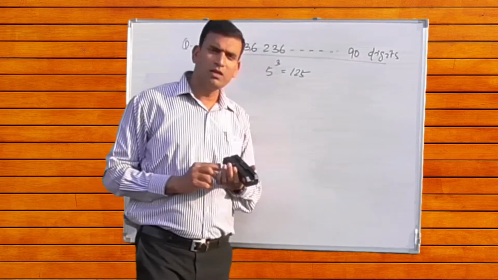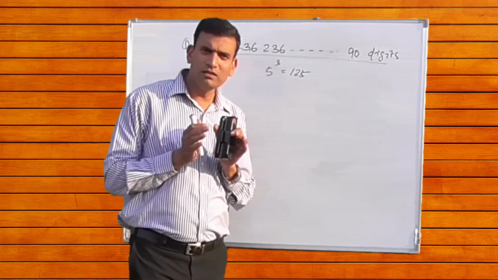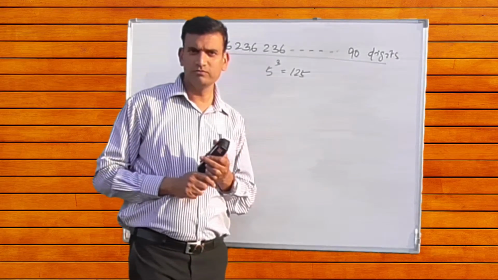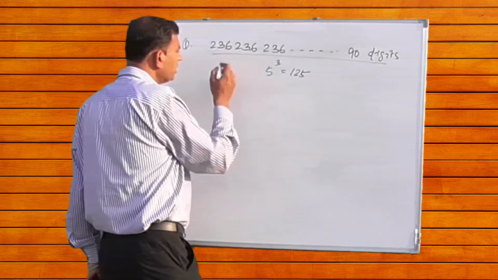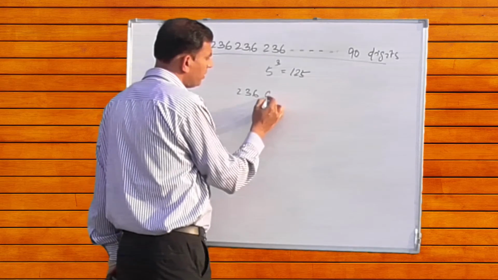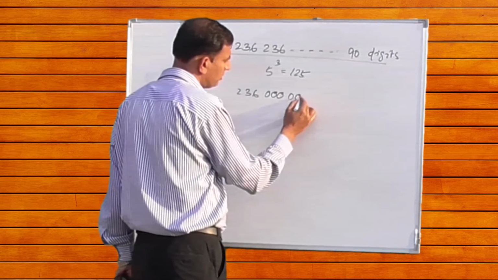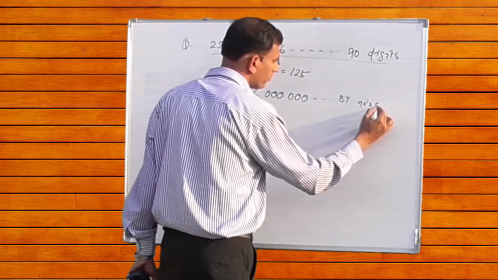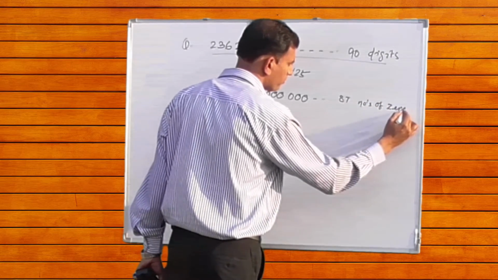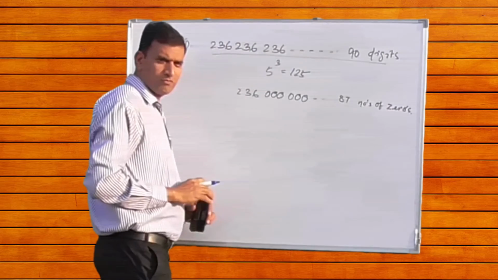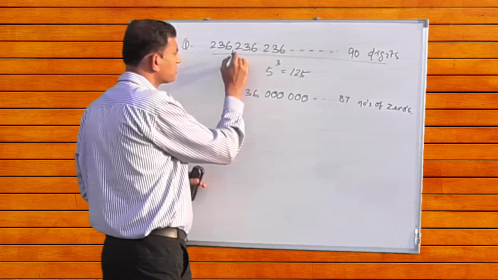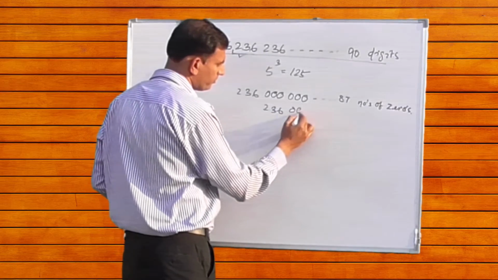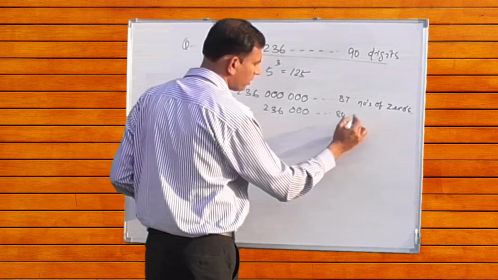But the same number can be written in a different way. If I consider 236 with its face value, then the beginning 236 has 87 zeros.